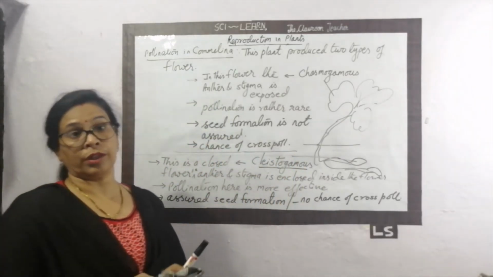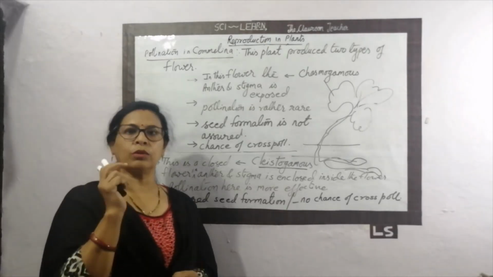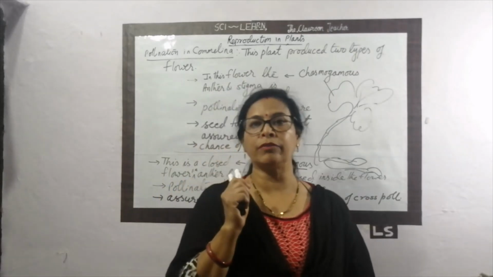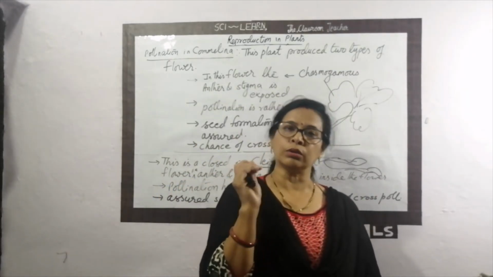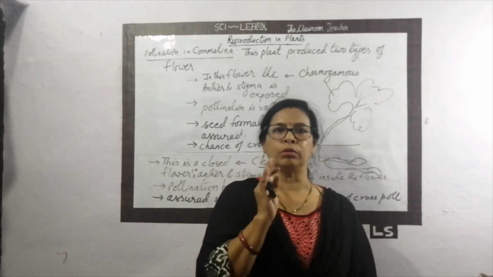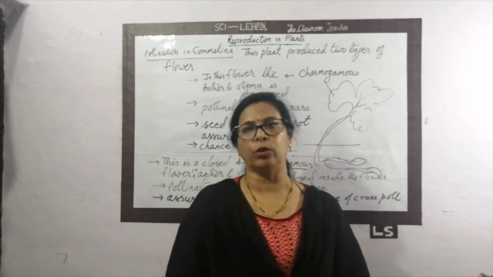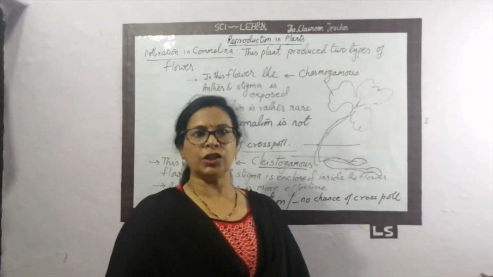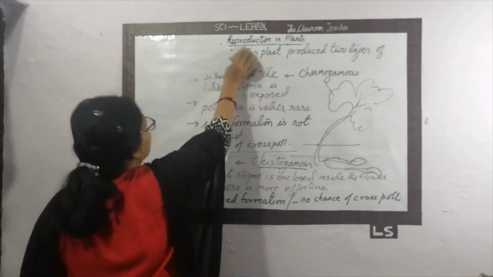Both have AUTOGAMY. Both types of the flowers are present in the same plant, that is called the COMMELINA. And what happened in both the flowers? There are two types of the flowers. One is open flowers, one is enclosed flowers. So the AUTOGAMY condition is different in both the flowers. So this is the first type of self-pollination that we call AUTOGAMY. And the second type of self-pollination is called GEITONOGAMY.